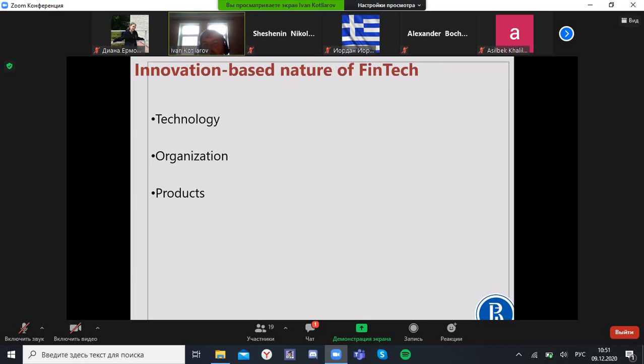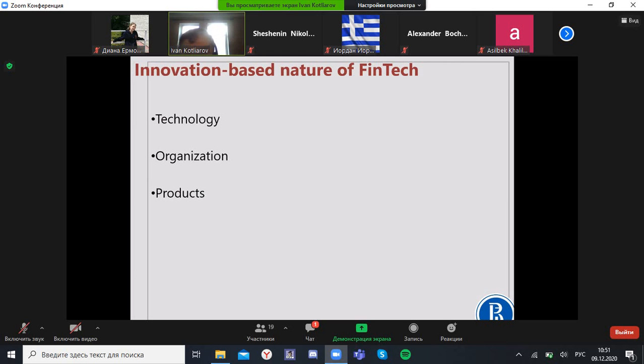Ladies and gentlemen, now what about innovation in case of digital finance? There is technology. What is technology? Technological tools which are used to develop new products, to develop new concepts. Organization, so new models of interaction between different stakeholders.